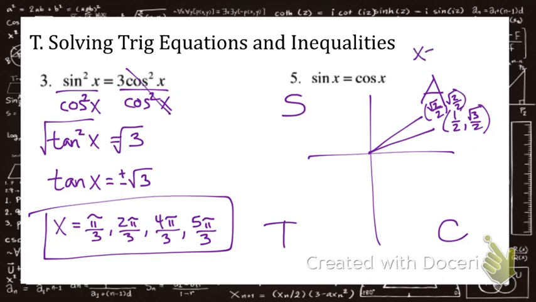So my two answers are x equals pi over 4 and x equals 5 pi over 4. And like I said, you're able to figure that out algebraically this way, but sometimes it just makes more sense to think about it in terms of the unit circle and to use your deductive reasoning to figure out the answers there.